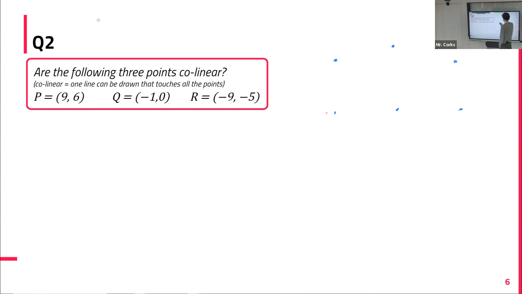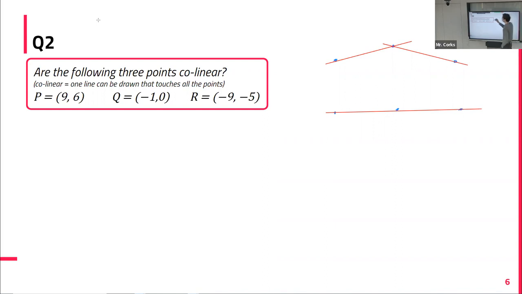Okay, so let me repeat that for everyone online. We have two possible situations. Either all three of the points line up, or they don't appear on one line and we'd have to have two different lines. So do they all line up?